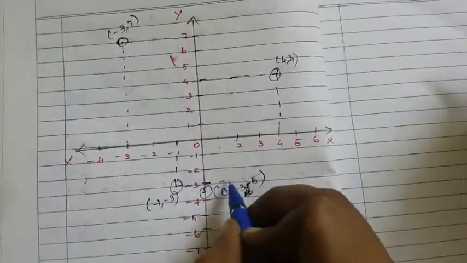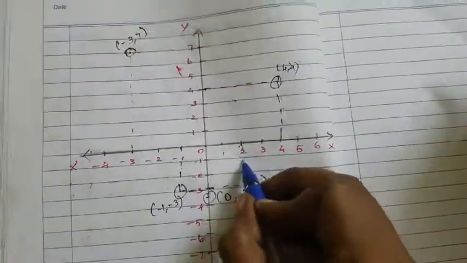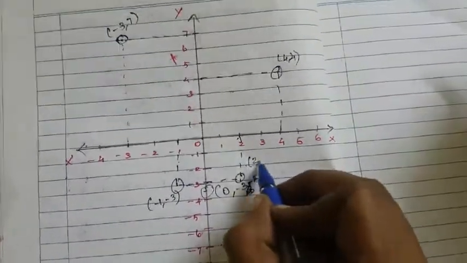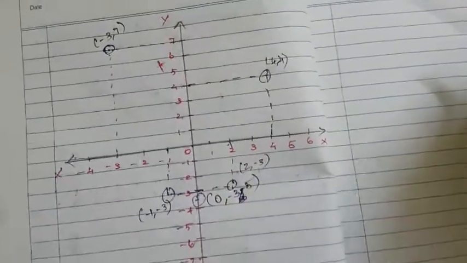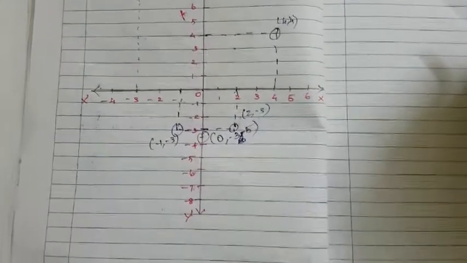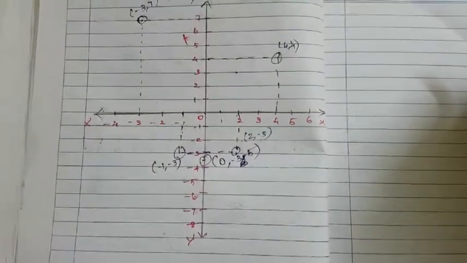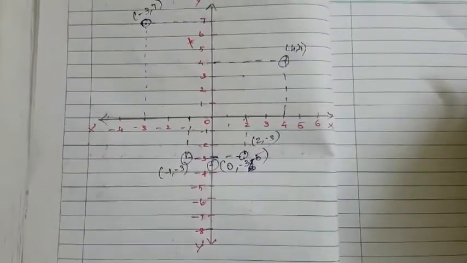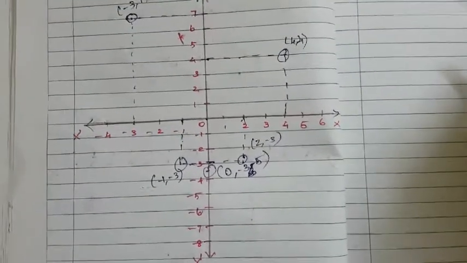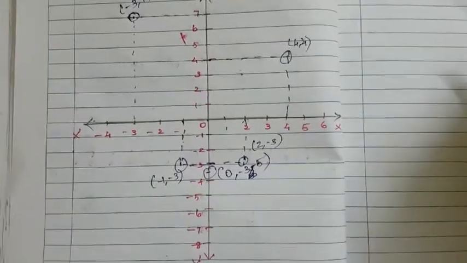So (2, -3) will be drawn like this. So this is the point (2, -3). Okay, so like this we have to do the problems in coordinate geometry. I hope you all understand and try to learn the basic things of coordinate geometry. Okay, thank you students, thanks for watching.